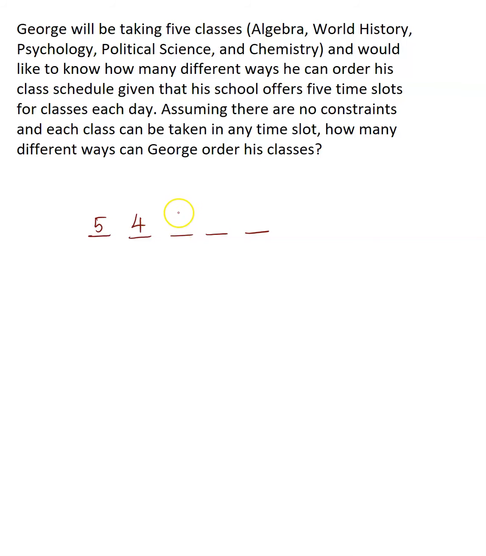In the third slot, he gets to choose from 3 classes. Fourth slot from 2 classes, and the last one, of course, goes into the 5th slot. And by the fundamental counting principle, you multiply this, but as you can see, this is 5 factorial, so you can use your calculator, and that comes out as 120. So there are 120 possible ways to order the 5 classes.